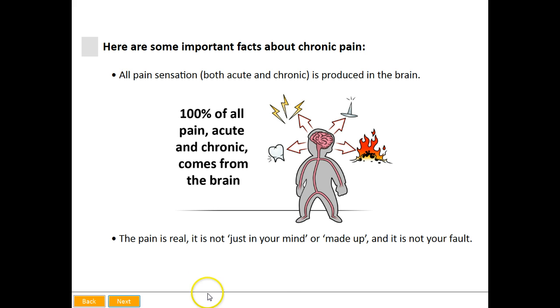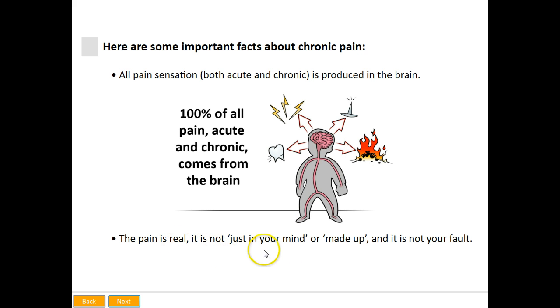Probably one of the most important factors is that all pain is transmitted by nerve pathways up to the brain where it is interpreted. The pain may actually be felt peripherally, and it may be different types of pain, but the pain is interpreted and generated in the brain.